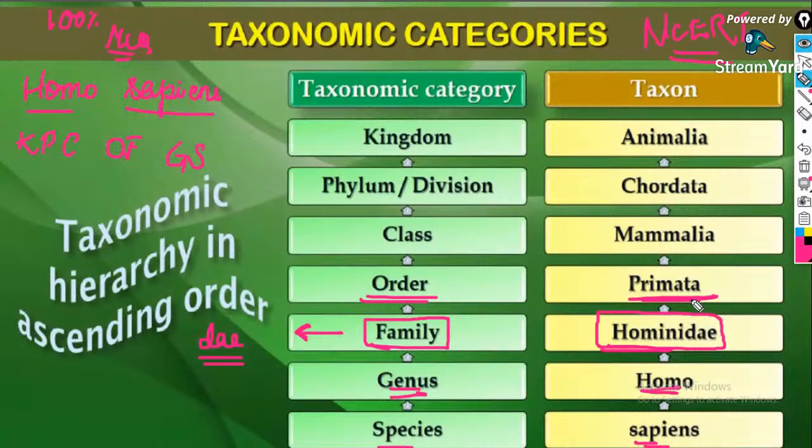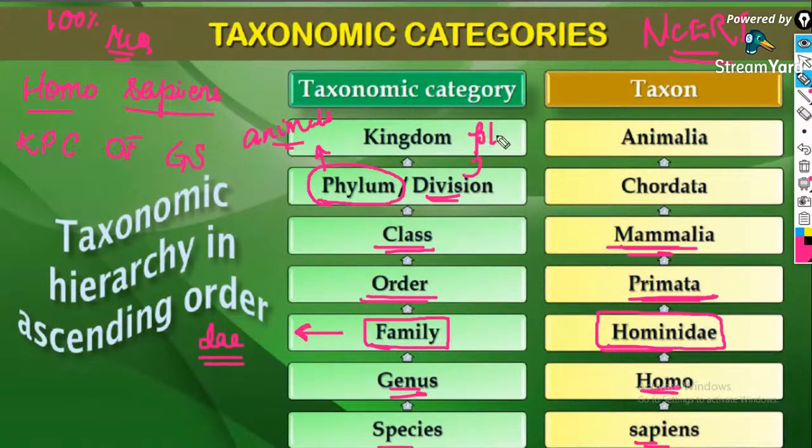The class: human beings are included in the class Mammalia. Guys, in case of animals, below the kingdom you use the term phylum. Division comes only in case of plants.